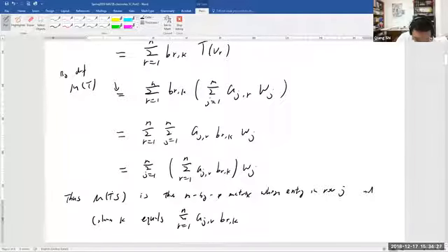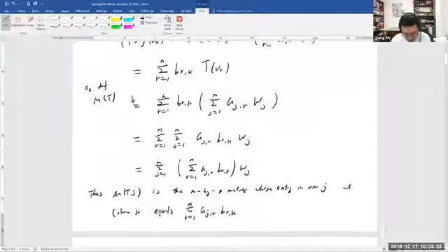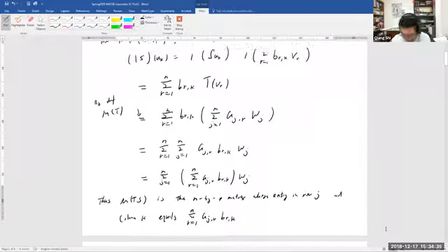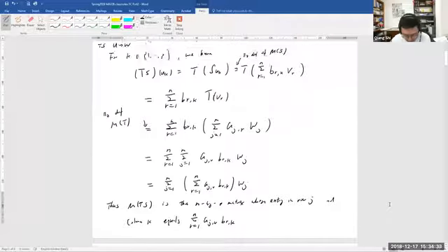Why is this? Let's take another look before we move on, because there are many different letters we're using here. We are saying we find a matrix to represent T times S, and T times S, as we can see from the diagram here, goes from U to V to W, right?